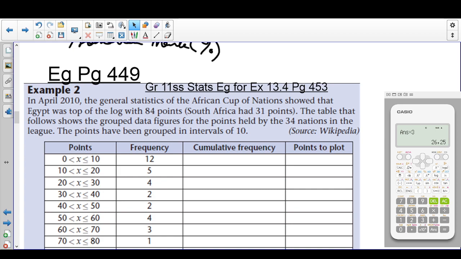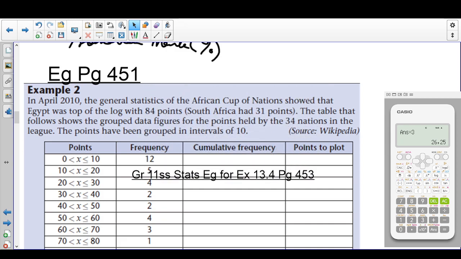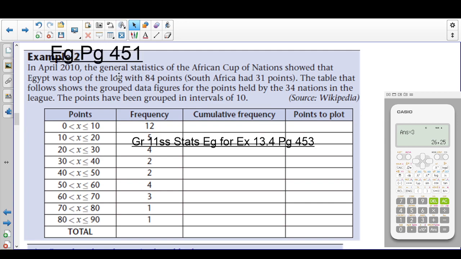Alright, so now we're looking at the example on page 451. Page 451. And this is for exercise 13.4, which is on page 453.